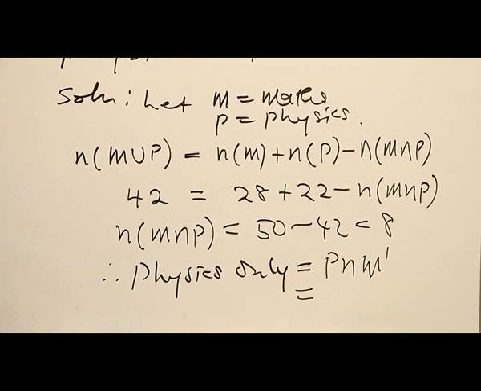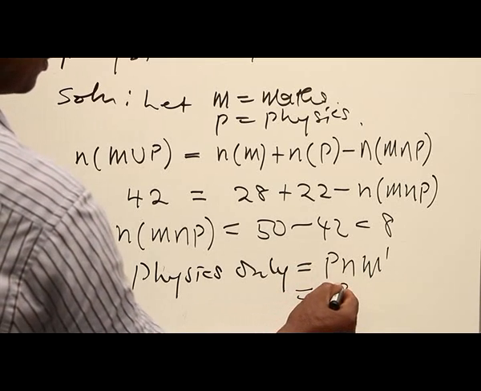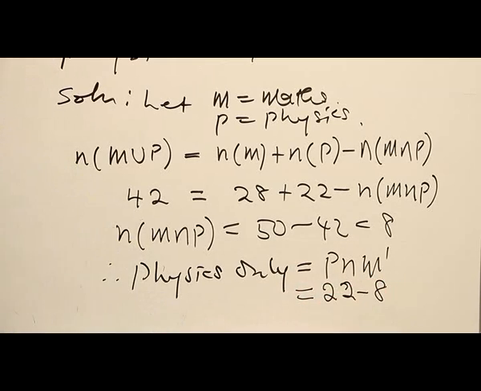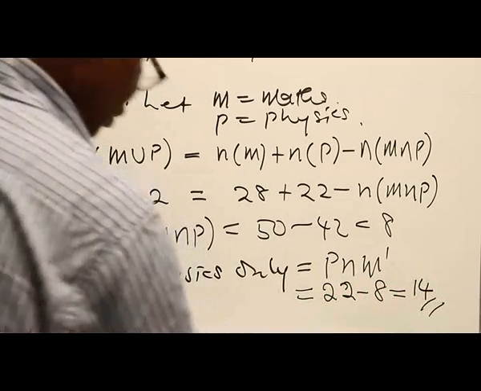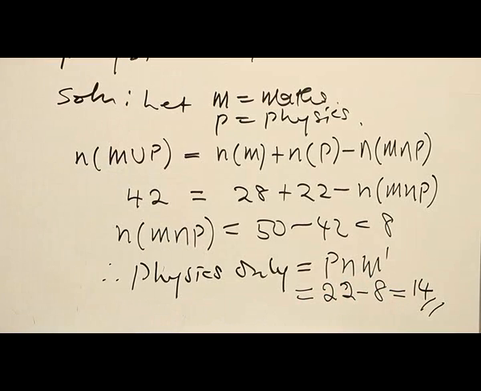Now, how many people are offering physics? We are told 22 students offer physics. So 22, take away the number offering both physics and mathematics. If you take away 8 from 22, you have 14. So 14 students offer physics only.